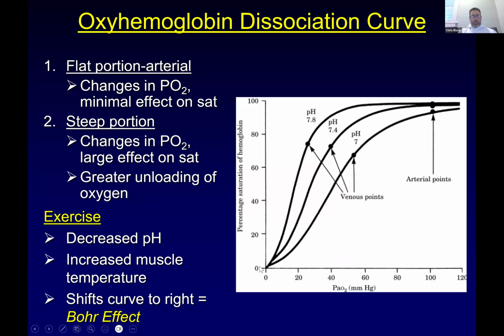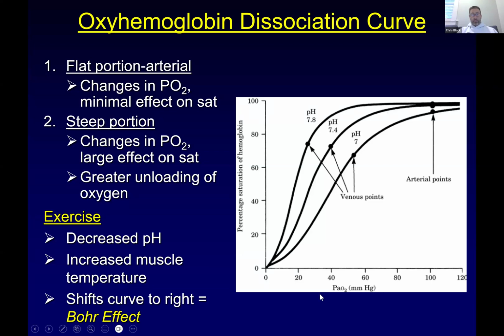Okay, so you guys have probably seen this curve before. And again, I'm not going to make you guys draw this, but I do want you to be able to appreciate some of what happens during exercise with all of this. So what we've graphed here is something called the oxygen hemoglobin dissociation curve, or the oxyhemoglobin dissociation curve. What you see on the y-axis is the percent saturation of hemoglobin.